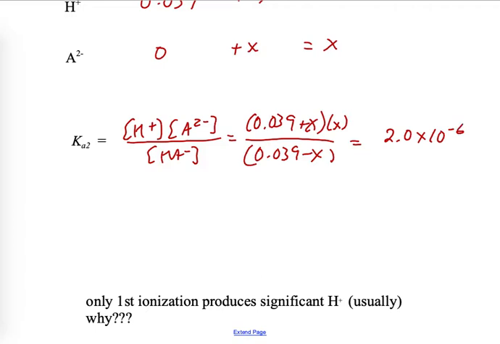That's a small enough equilibrium constant that I'm going to assume that x is negligible in comparison with 0.039. So I will cancel it. 0.039 clearly cancels as well. And I get that x is equal to the concentration of A2-, which is equal to 2.0 times 10 to the negative sixth molar.